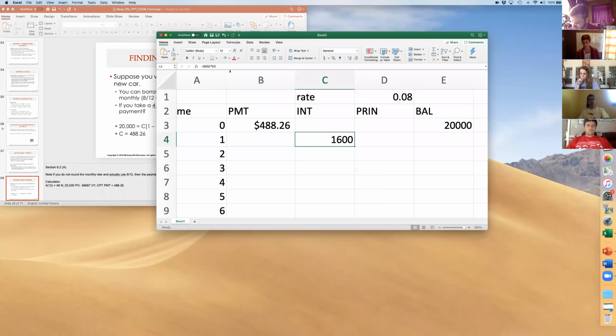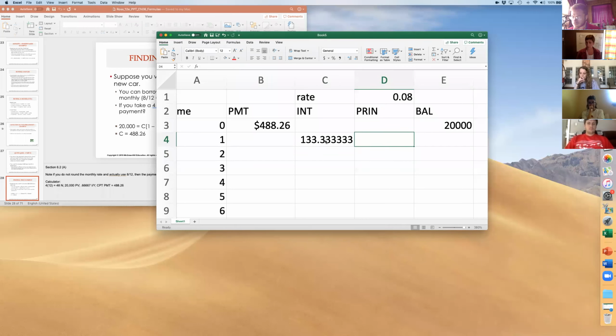So what I need to do is divide that number by 12, and that will give me my monthly interest that I owe after that very first month. All right, so I owe $133.33 in interest after that first month.